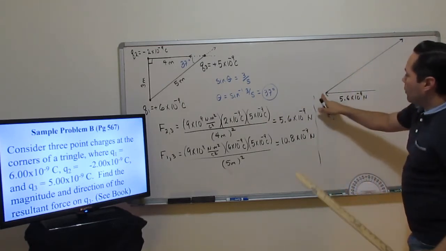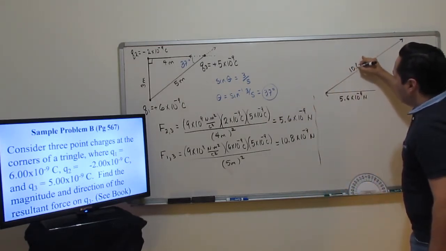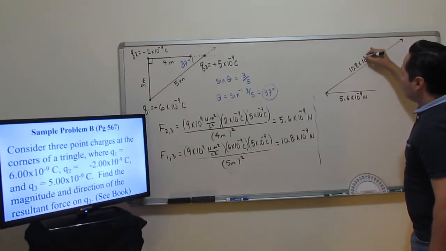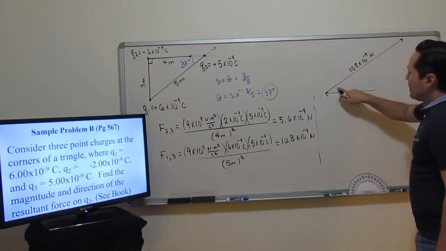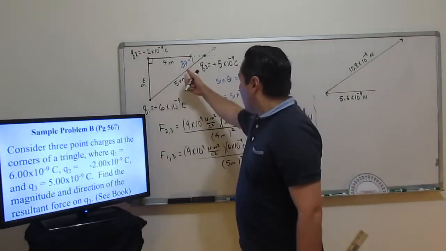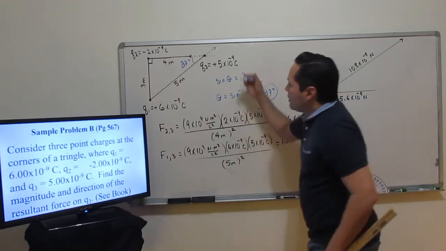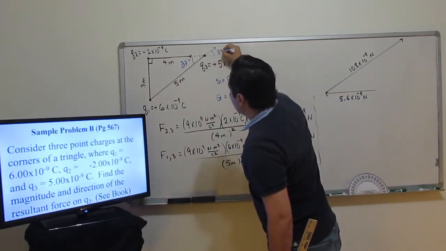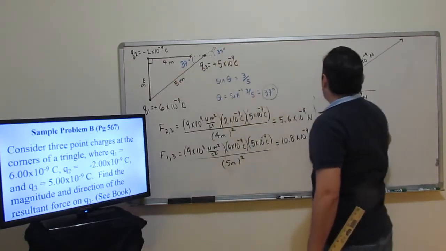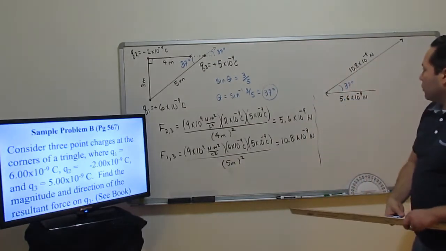The end of one arrow is where the other arrow begins. This one is 10.8 times 10 to the negative 9 newtons. The angle right there is actually the same one, 37 degrees. Why is that? Because these two are congruent from your math class. So they are the same. Those two are congruent angles.